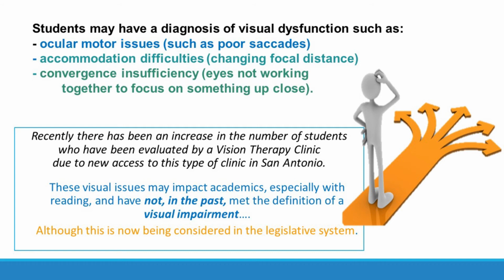The visual issues identified may affect academics, especially reading, and in the past have not met the conditions for a visual impairment. Students with these visual function disabilities access instruction through Section 504 protections and accommodations that address their identified condition. Our legislative system is currently drafting considerations for categorization and evaluation methods for conditions such as these.